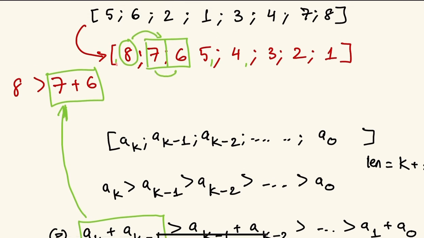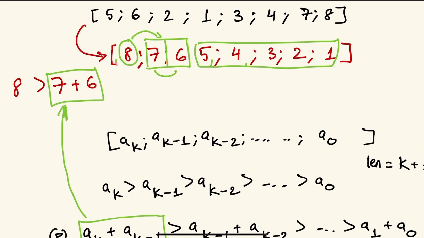So you don't have to check if other elements are satisfied as well, because if you know that this one is the largest, you can ensure that the others are smaller.